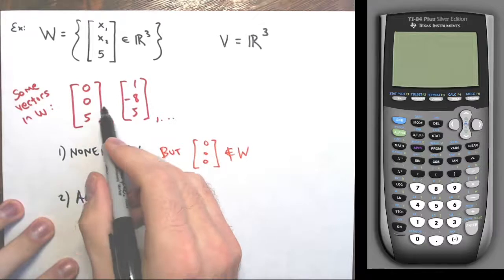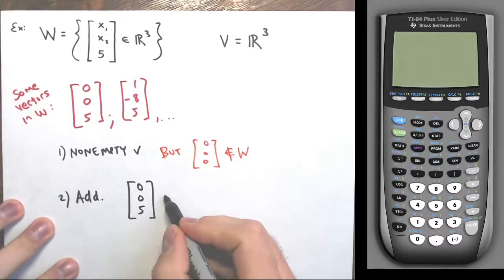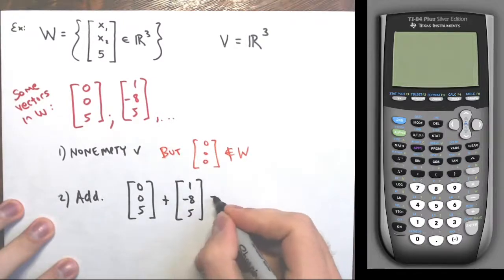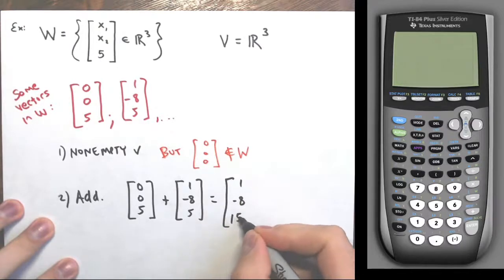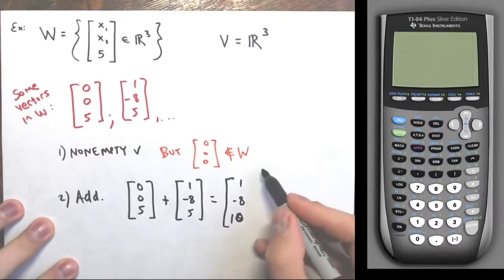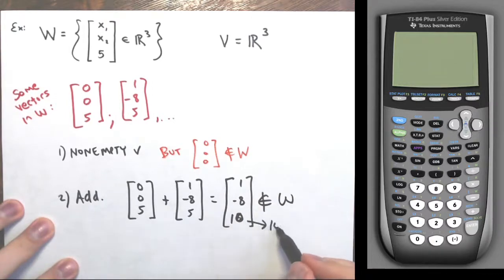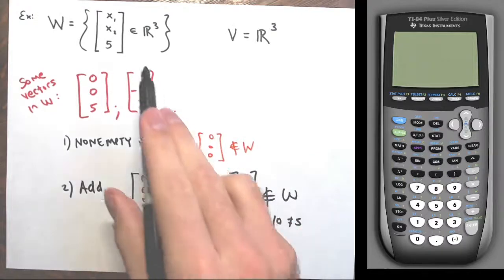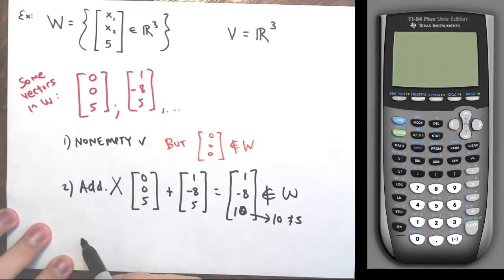No. Look at these two I just threw up here. Take 0, 0, 5, that's in W, plus 1, -8, 5, that's in W, and add them together, you get 1, -8, 10, which would not be in W because 10 is not 5. The third component is not 5. It does not look like the vectors in W should. So not closed under vector addition.